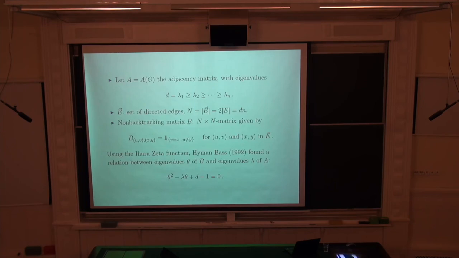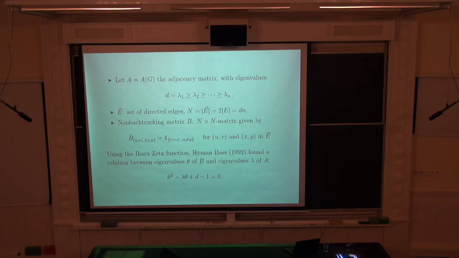So we want to understand the non-backtracking walk. If A is the adjacency matrix, these are its eigenvalues. We are looking now at the set of directed edges. There are d times n of these directed edges, and the non-backtracking walk is governed by this directed adjacency matrix.